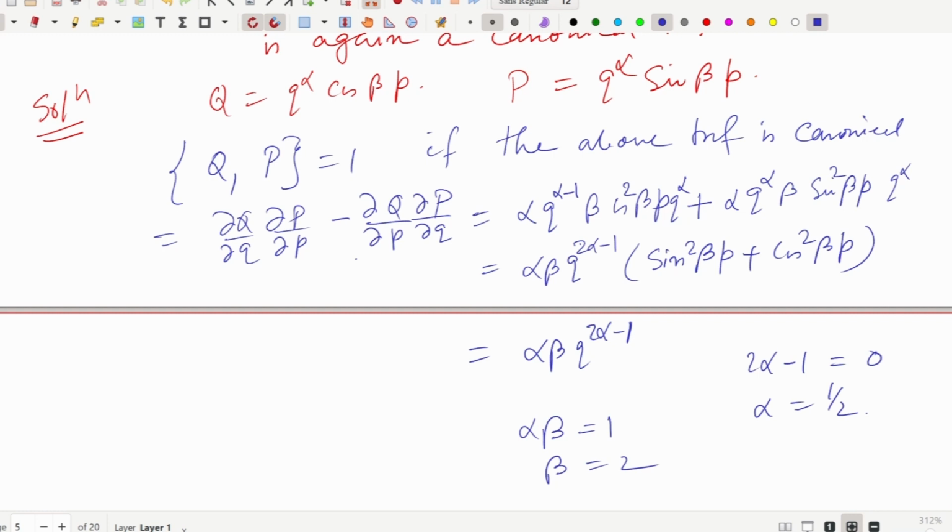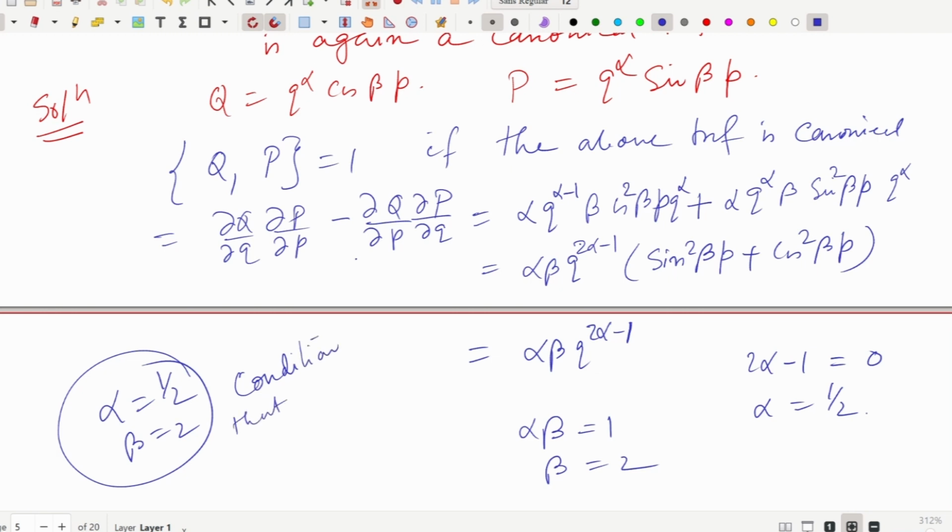So, the condition that alpha has to be half and beta has to be 2 is the condition for the transformation to be canonical. Okay.